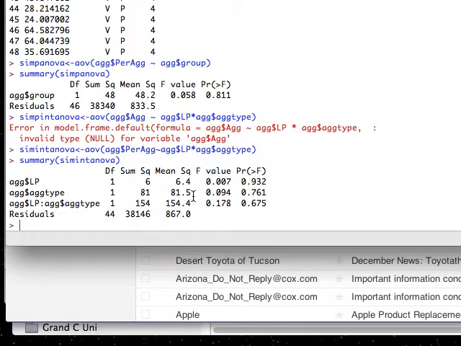That term can be more interesting than any of the other total comparisons. So these interaction factors can be very important depending on what you're looking at.